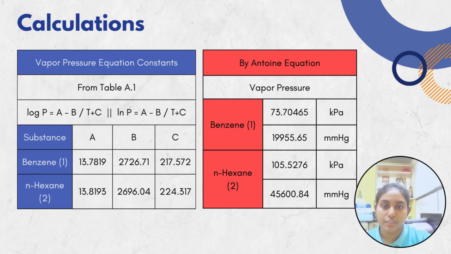By referring to Table A1, we found the constants A, B, C for both substances, benzene and n-Hexane. We used the equations given there to find the vapor pressure in two different units, kilopascal and mmHg.